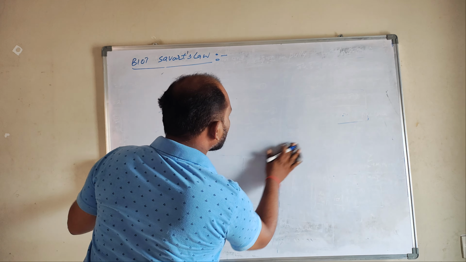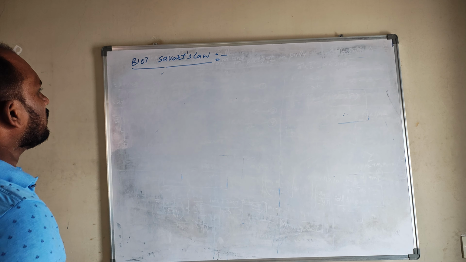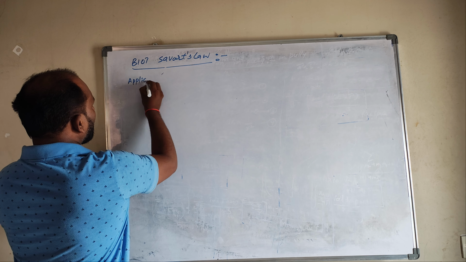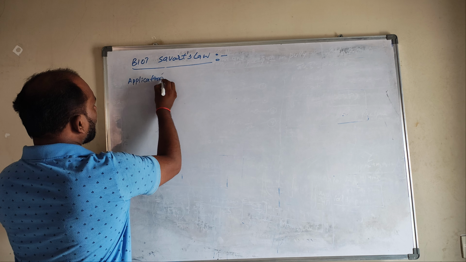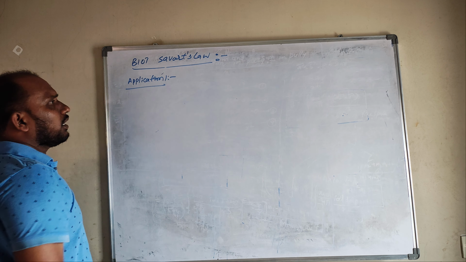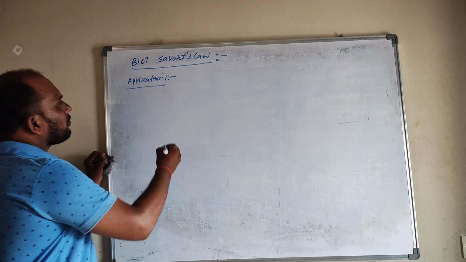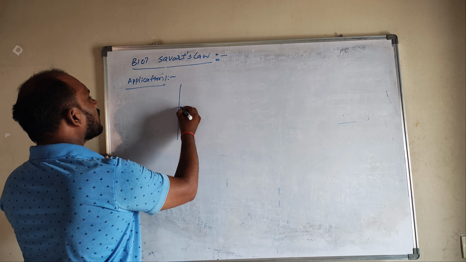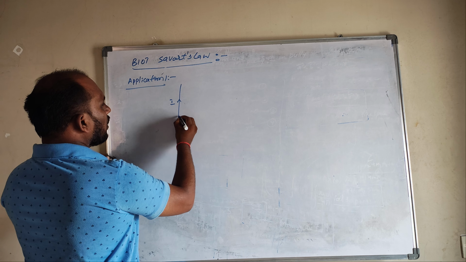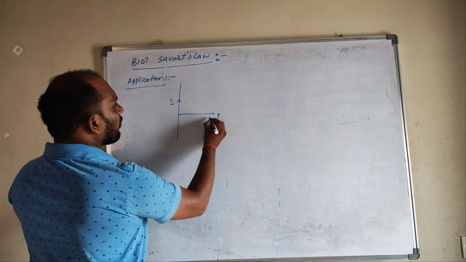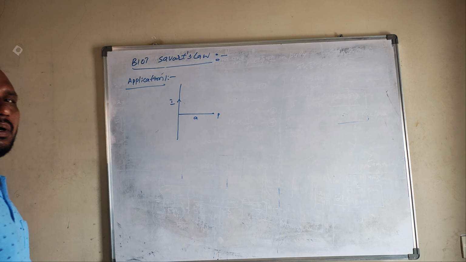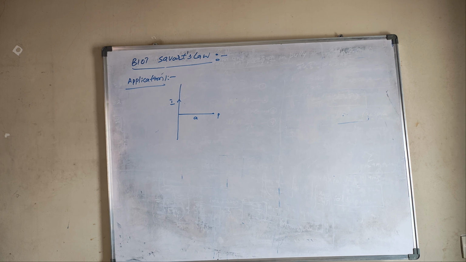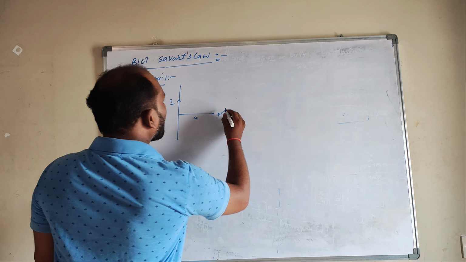So this is a conductor having a current of I, and there is one particle P at a distance of A, perpendicular to the conductor. Now I want to calculate how much magnetic field is experienced at this particle.